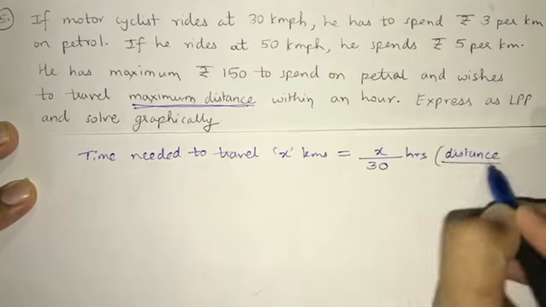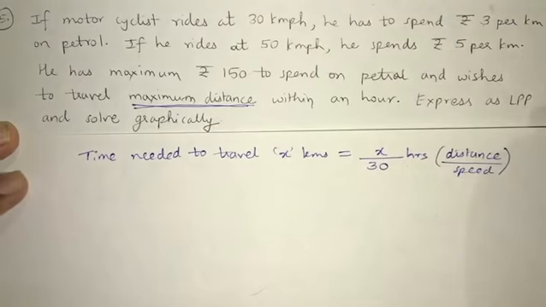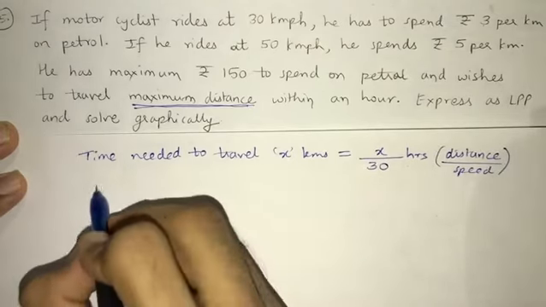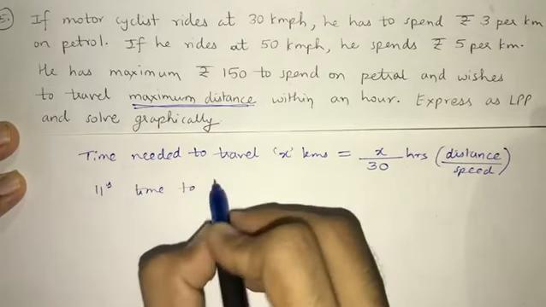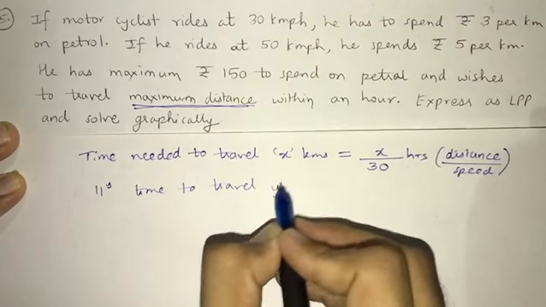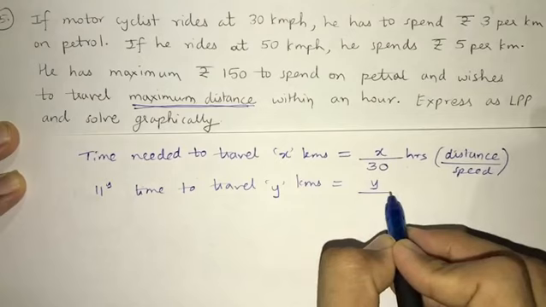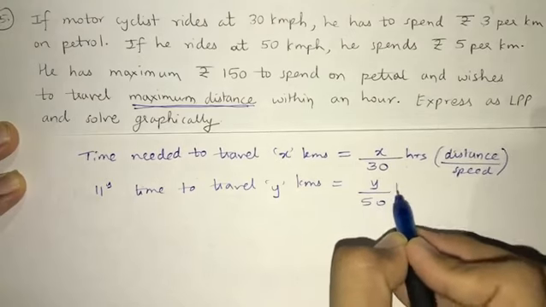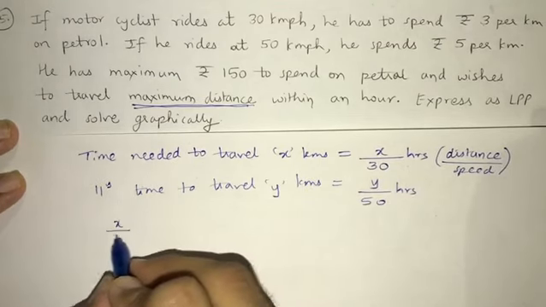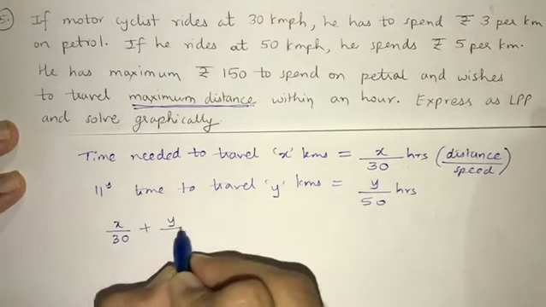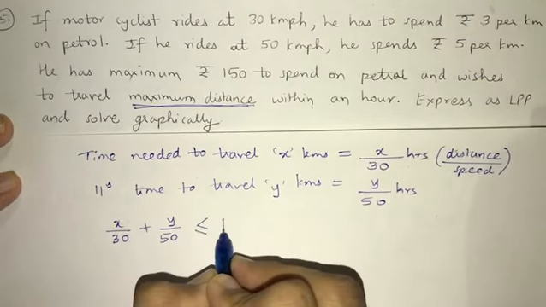Similarly, the time to travel y kilometers is y upon 50 hours. So x upon 30 plus y upon 50 cannot exceed 1 hour.